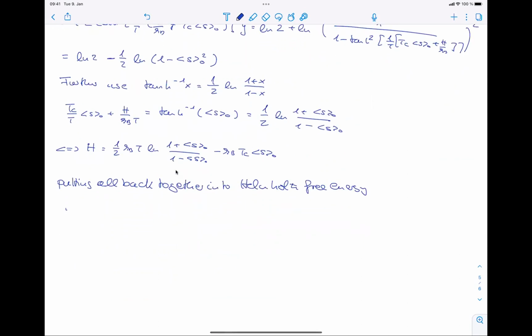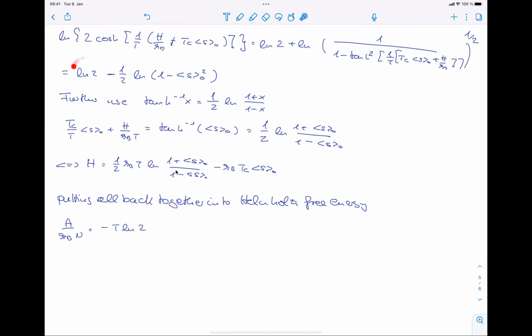we get, and I'm going to normalize it by kBN. So we have the minus T ln 2, which is coming from this term. And the second term is then a half T ln of 1 minus s, and Tc over 2.